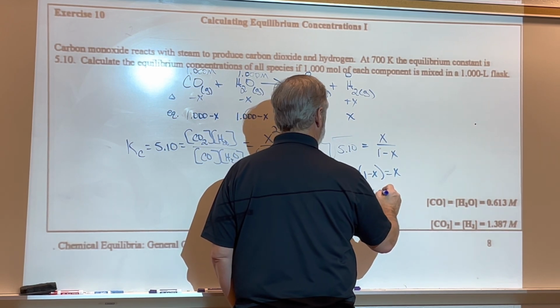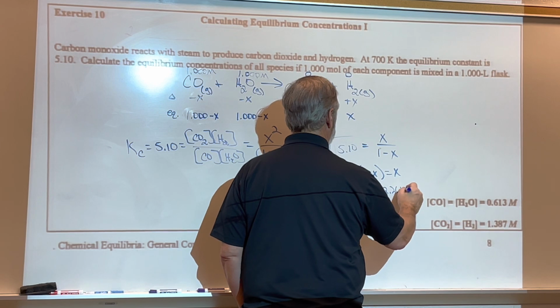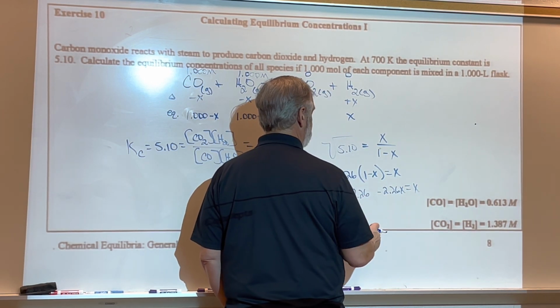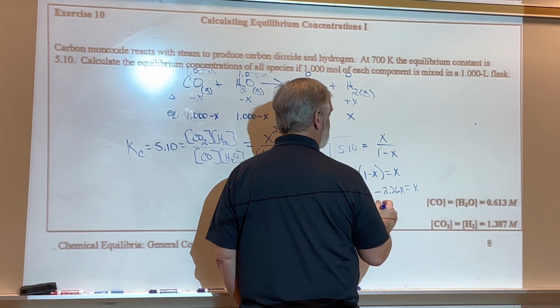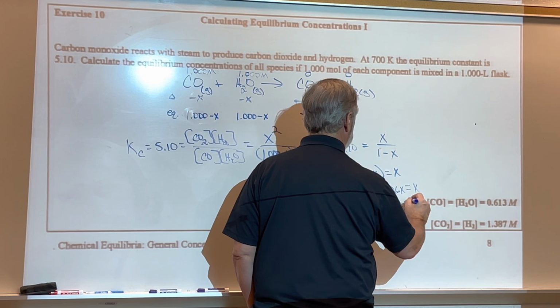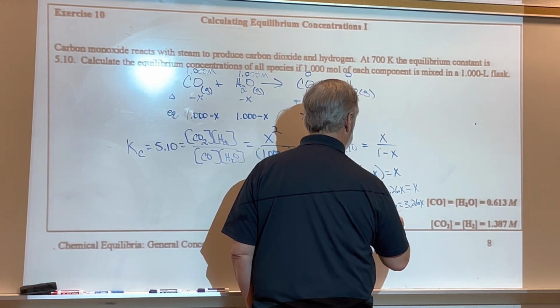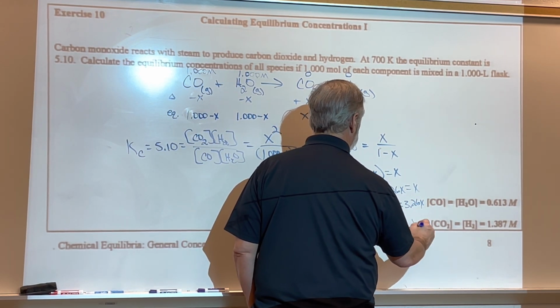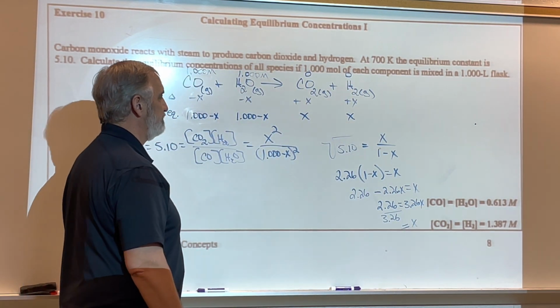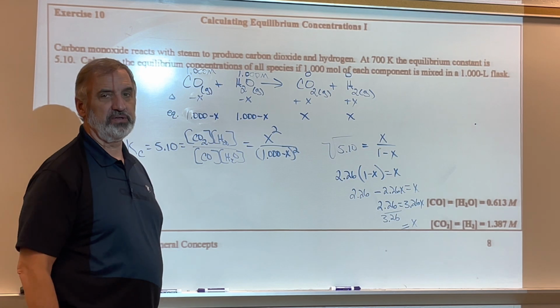2.26 minus 2.26x equals x. So add that: 2.26 is equal to 3.26x, divided by 3.26. x equals, and you get a number.